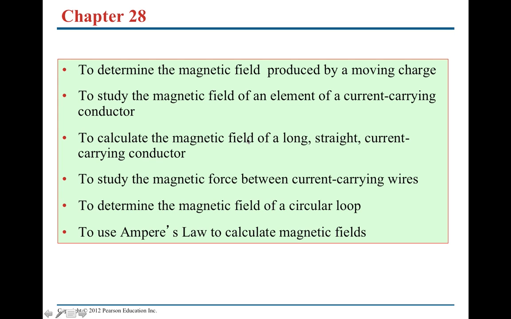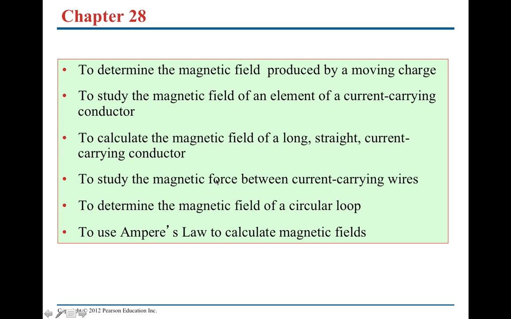So the objectives of this chapter are to first determine the magnetic field produced by a moving charge, and again we do the same thing for a current carrying conductor, and also we would like to calculate the magnetic field with a straight line and so forth. And another important topic, which is calculating the magnetic force between two or three or more current carrying wires.